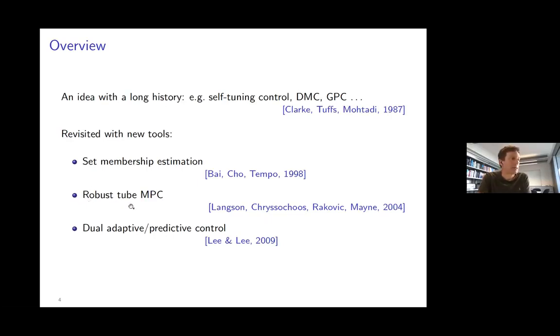Having a set of parameters allows us to use robust tube MPC methods to efficiently control the system and to satisfy constraints robustly and to guarantee closed-loop stability. And finally, some recent ideas on how to extend predictive control to the dual control problem, where we want to simultaneously identify the system parameters and perform some kind of control task.